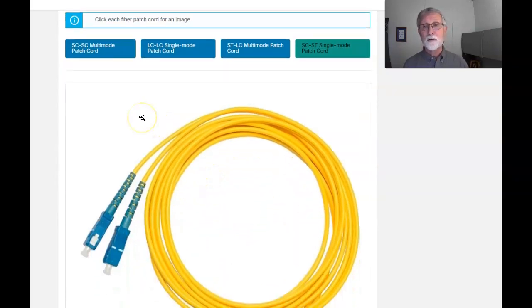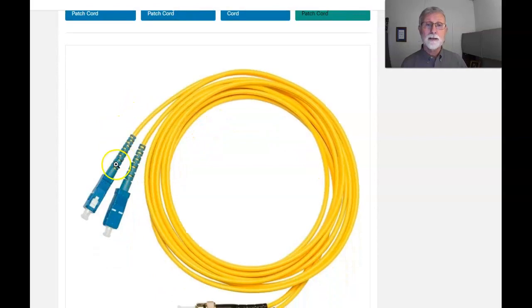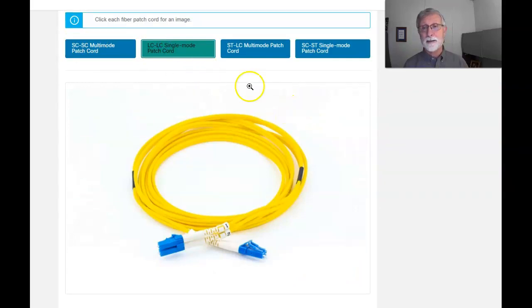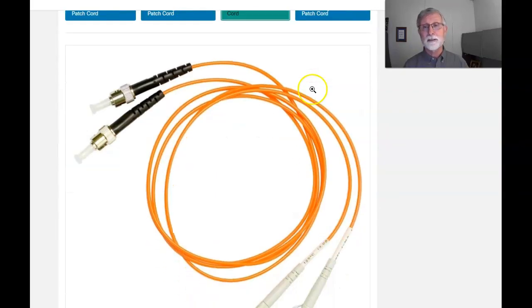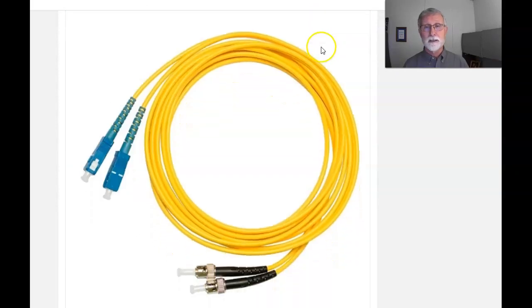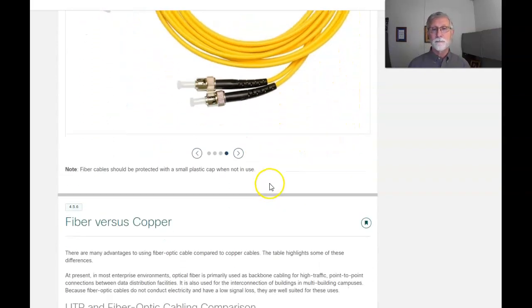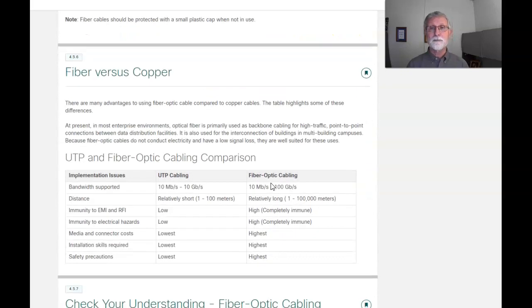There are different patch cords that can get you from destination A to destination B. Here you've got your SC to SC multi-mode. You've got LC, the Lucent connector, and different patch cords, different colors, different standards, different connectors. Just know that there are some differences there.